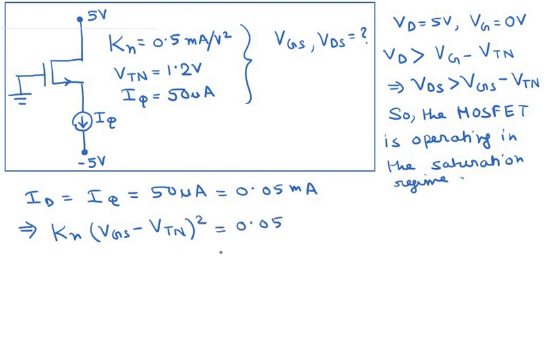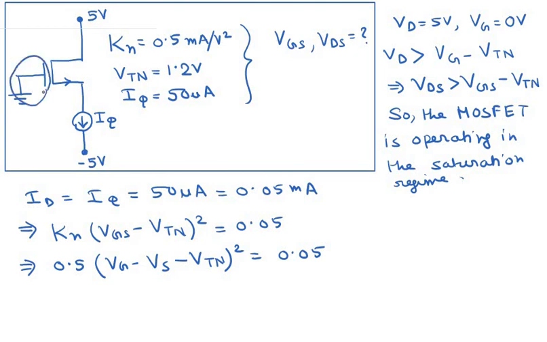0.05. Now Kn is equal to 0.5 milliampere per volt square. So Kn is equal to 0.5. Vgs is Vg minus Vs, and minus Vtn. Now this is equal to 0.05. Now Vg is 0 because the gate is grounded over here.